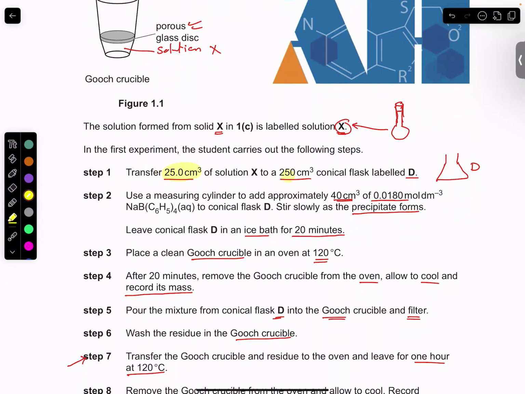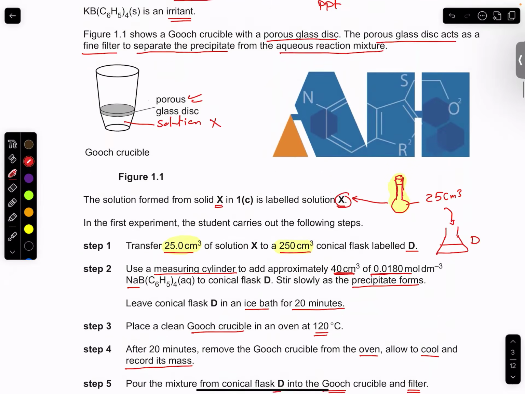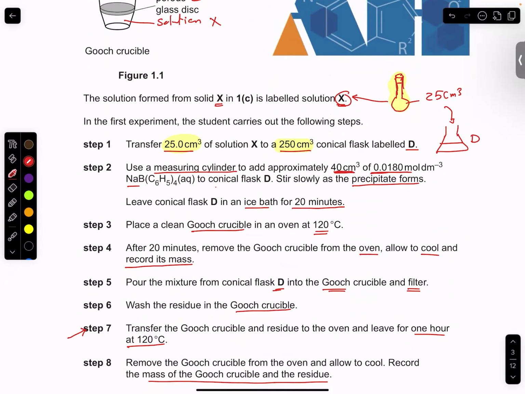From solution X, he transfers 25 cm³ into a conical flask and labels the flask D. Use a measuring cylinder to add approximately 40 cm³ of 0.01 mol/dm³ tetraphenylborate to conical flask D. Stir slowly until the precipitate forms.